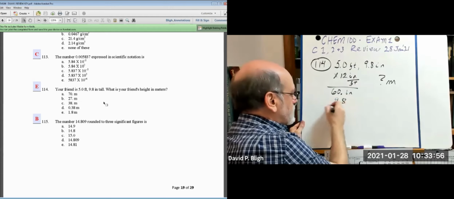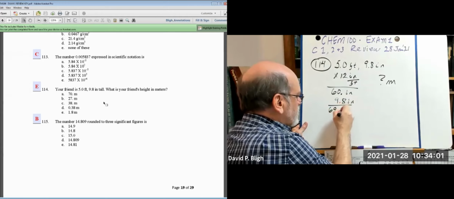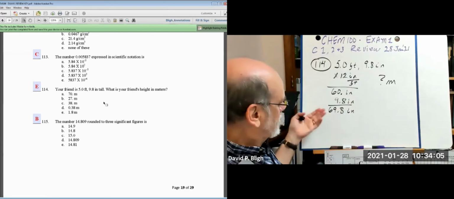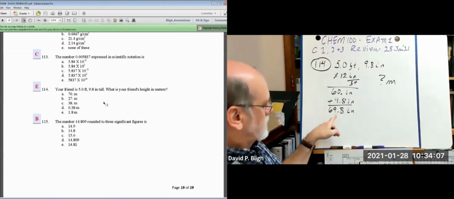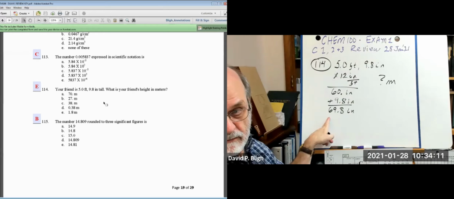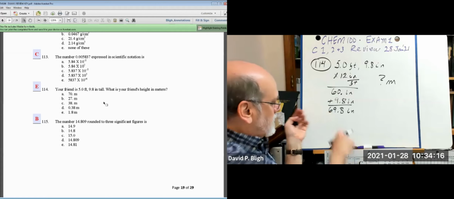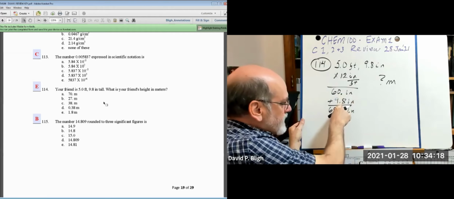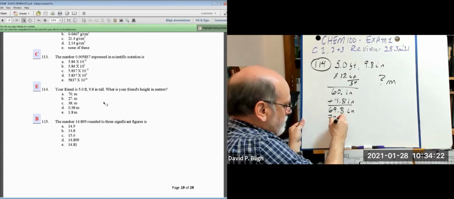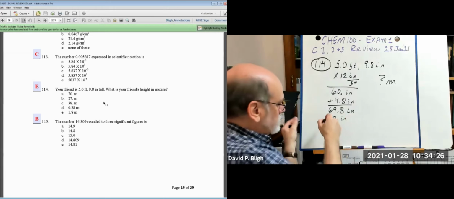9.8 inches is 69.8 inches. Now, we would have to round that off to 70, wouldn't we? 70 inches. Because we can only keep that decimal place up here. Now we can convert inches to meters.